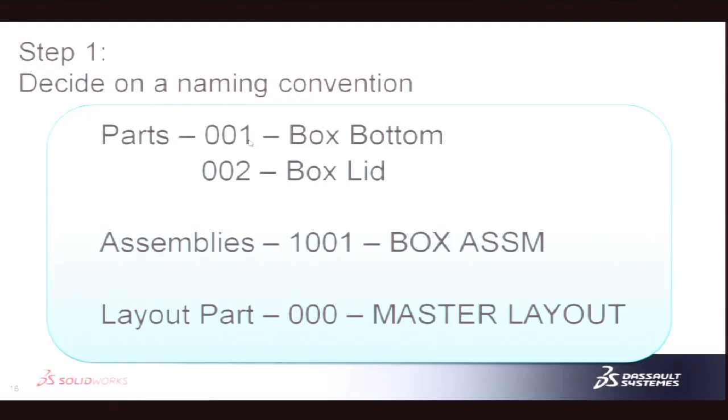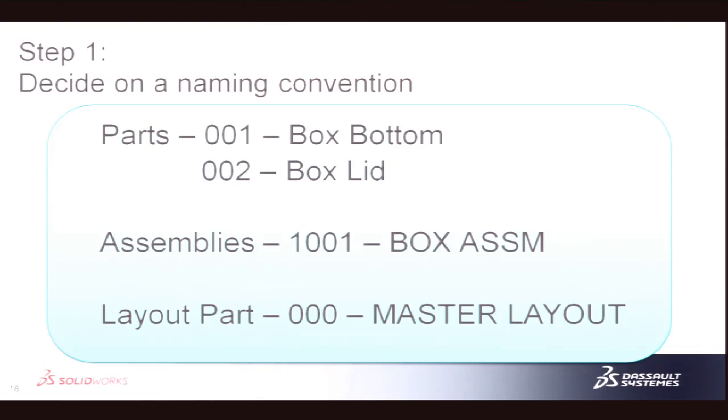So the technique that I use for numbering my parts in a scenario like this is I give my parts numbers in the hundreds. So 001, 002, 101, 102, 201, 202, 203. And that's based on if you're working with sub-assemblies or not. If it's one single assembly, I'll just do part 001, part 002, part 003. If it's multiple sub-assemblies, then it'll be 101, 201, 301, depending which sub-assembly the part falls in.